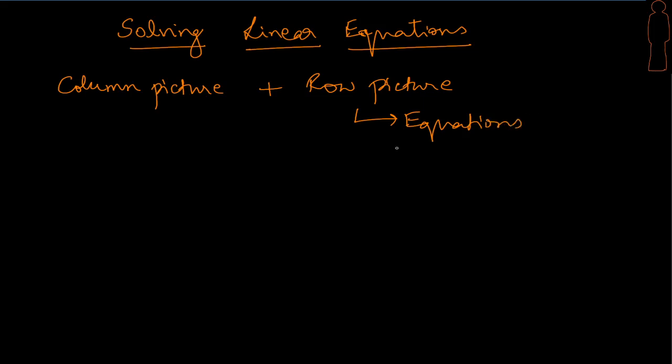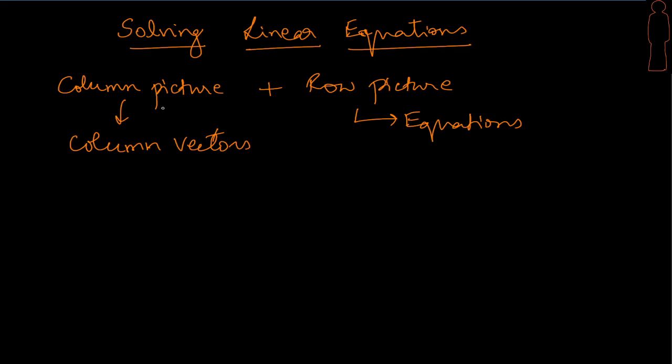So we look at individual linear equations and try to draw, let's say in R2, a line, and that forms the row picture, whereas the column picture is talking about the column vectors. So we pick up the coefficients of different variables in each of the equations, and those coefficients form column vectors.